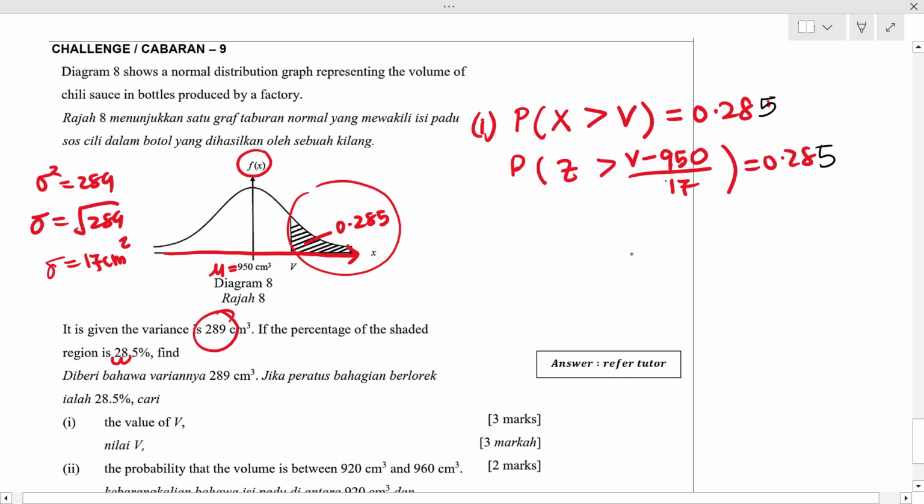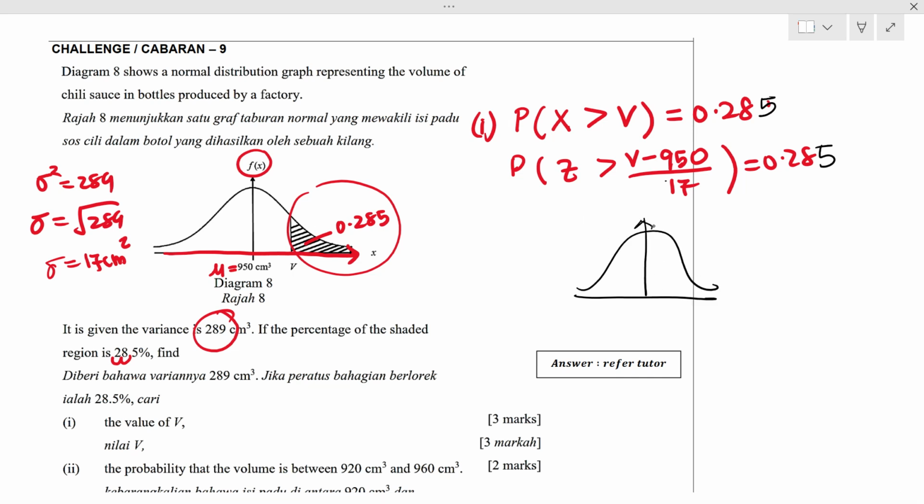0.285. Okay, now you need to draw your bell-shaped diagram. Determine whether your T is positive or negative. For me, that is the most important step. Once you go wrong there, everything is wrong. So where we shade, greater than, right-hand side. If I shade from here on the right-hand side, it is less than 0.5. Yes, that's what I want, because your probability is less than 0.285.